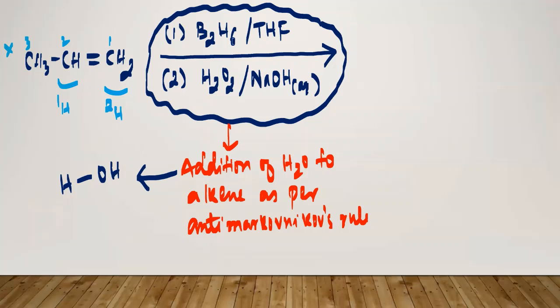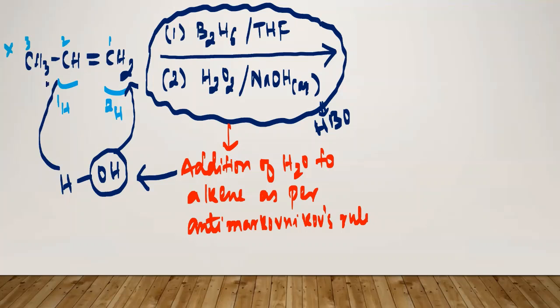So overall, in these 2 steps of hydroboration oxidation, this is our HBO. HBO stands for hydroboration oxidation. You have to add water, but water has to be added in terms of anti-Markovnikov's rule. So OH will go to that particular carbon which has more number of hydrogen. So OH will attack this first carbon here, and the H will definitely go to the second carbon.